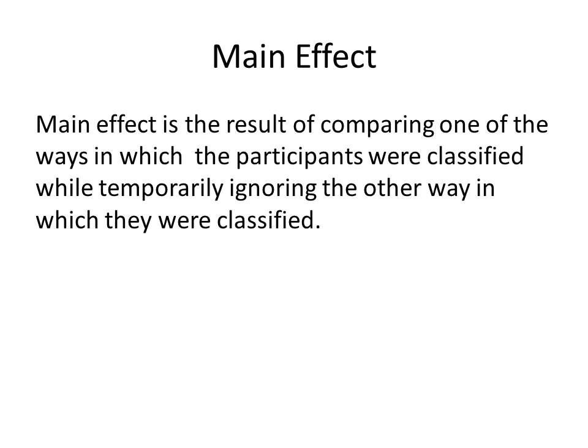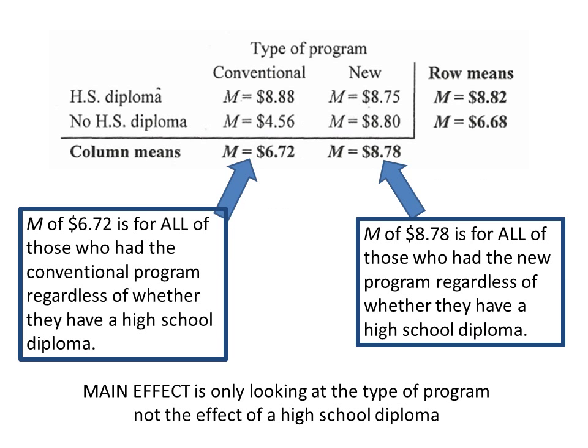Now, sometimes it's very difficult to grasp the concept of the main effect. So let's break this down and look at it a little differently. Here again, you can see the chart. The mean of $6.72 is for all of those persons who had the conventional program, regardless of whether they have a high school diploma or not.